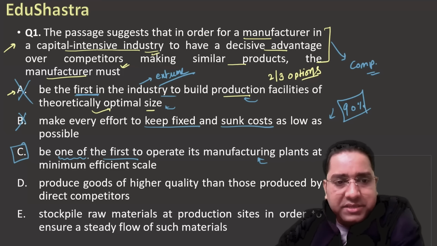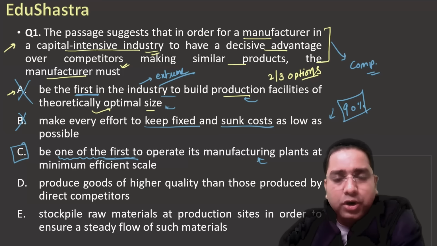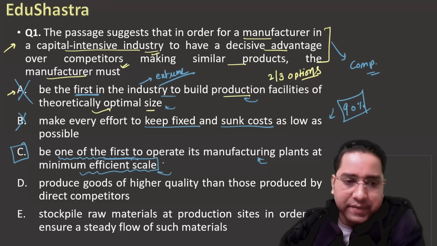So there is a difference in being one of the first and being the first to operate its manufacturing plants at minimum efficient scale. Yes, the passage has discussed this particular term, minimum efficient scale, and that is why we are considering it.